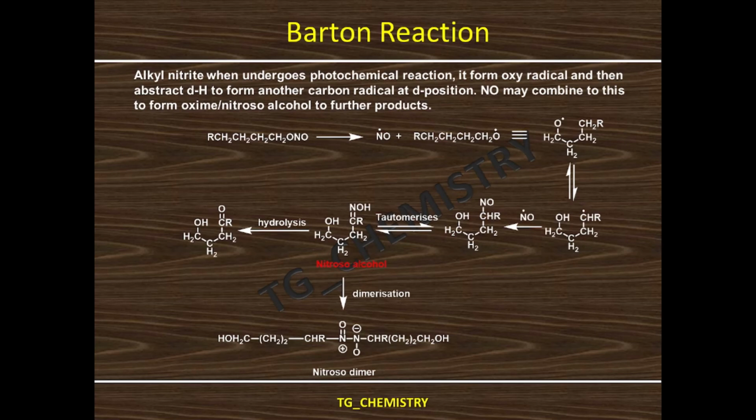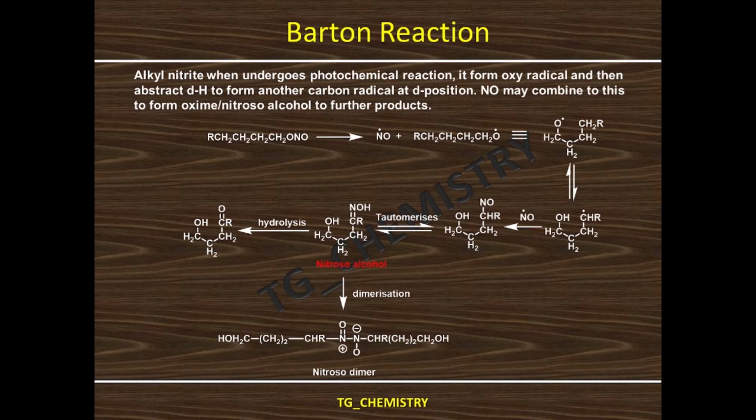Okay, and often the site and the selectivity is important. The delta hydrogen abstraction is a result of the conformation of the 6-membered radical intermediate that is formed.